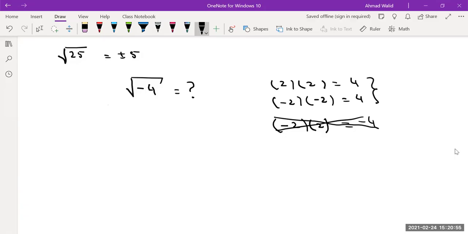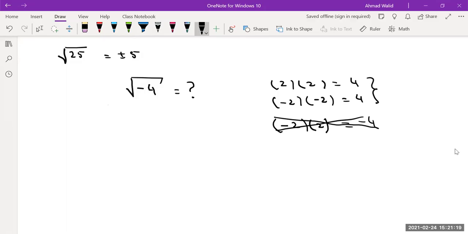This is what the teachers told you at the school level and at lower levels. Now, when you come to intermediate algebra, when you come to college algebra, there is a solution. There is a way to represent the square root of negative numbers.